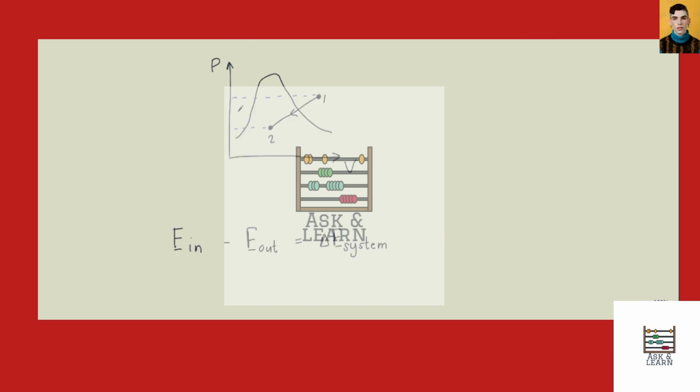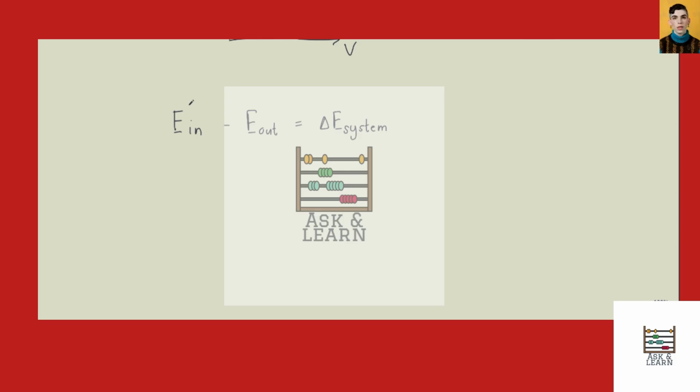Now, before we get to the PV diagram, we can write the energy balance of this equation, since the system is closed, as E in minus E out is delta E for the system, the change in energy. Now, the energy into the system is due to the boundary work, since this is a condensation, and the energy out of the system is due to heat.